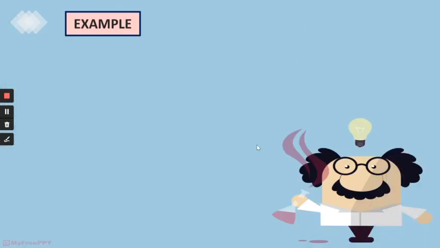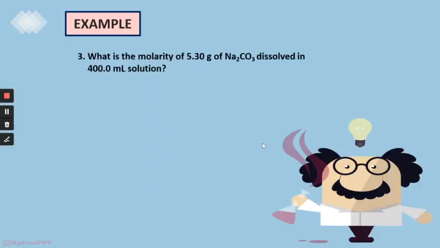Another example. What is the molarity of 5.30 gram of Na2CO3, sodium carbonate, dissolved in 400 ml of solution? From this question, you are asked to calculate the molar concentration of the sodium carbonate, Na2CO3.